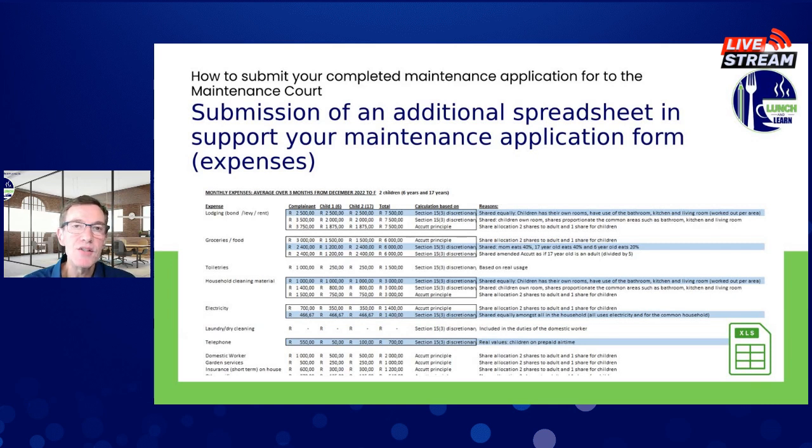It is easy to change. If you need to change the figures, or if you omitted something, just add that. To submit an additional Excel spreadsheet would be very, very advantageous to the furtherance of your application form.